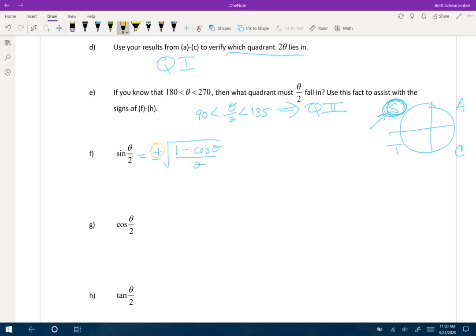This is important. Literally in the beginning here, we needed to do this calculation in order to figure that out. And you'll see as we move on, you'll be able to do that again with more practice. So we now know the result is positive, so we can stick with the positive version of the square root of (1 minus cosine theta) over 2.